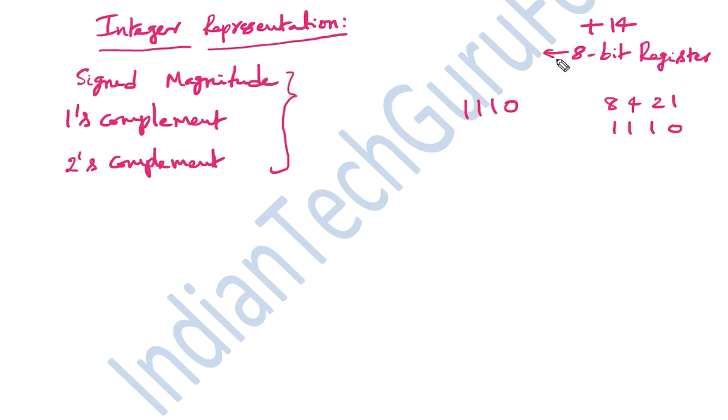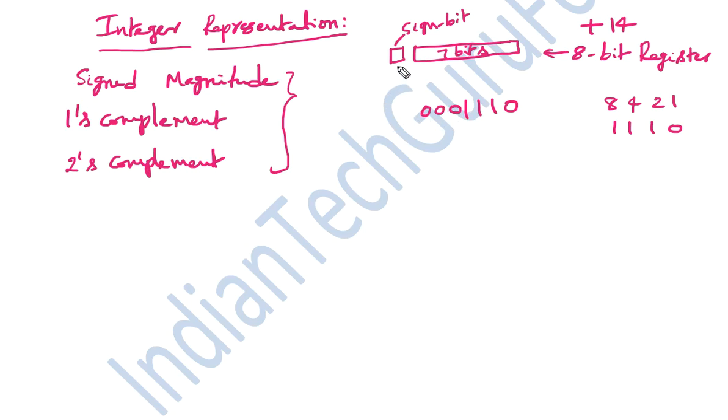However, because I am using an 8-bit register, the most significant bit is reserved for the sign bit, and the remaining 7 bits are used for magnitude. So the value of plus 14 is 1110, and the remaining 3 bits we must fill with zeros.